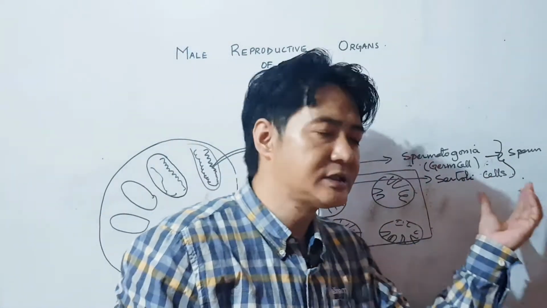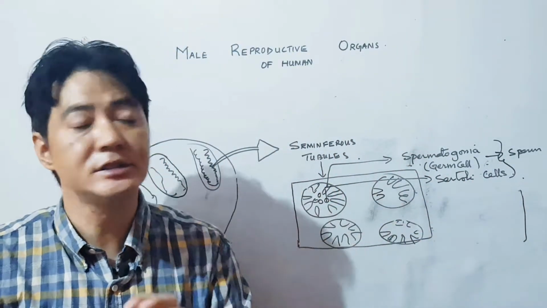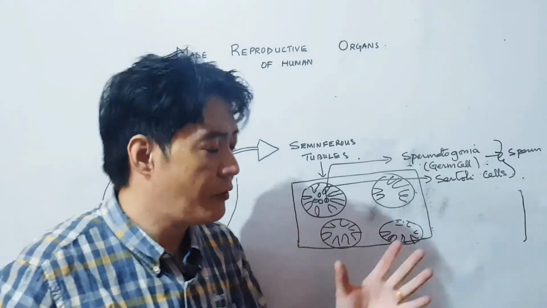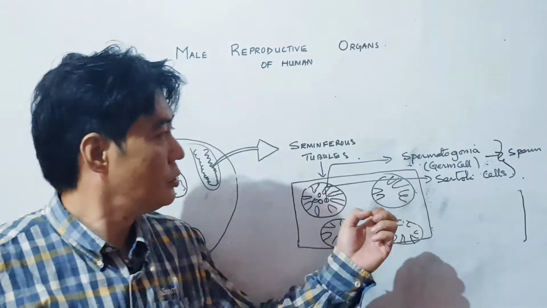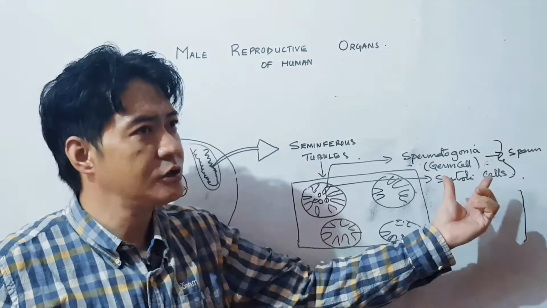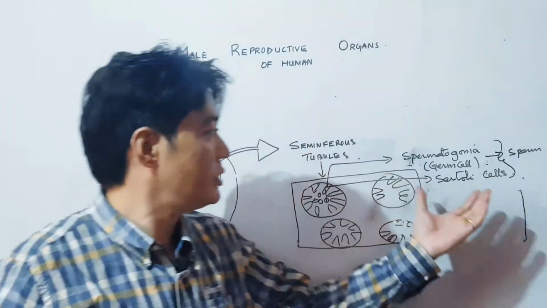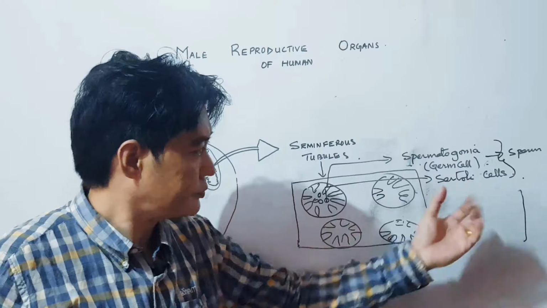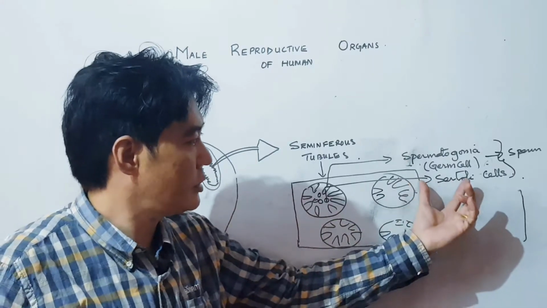These Sertoli cells, or nurse cells, support or provide nutrition to the sperm. Sertoli cells also produce some hormones. Later on we'll see the function of the Sertoli cells in a different video, or a different class.